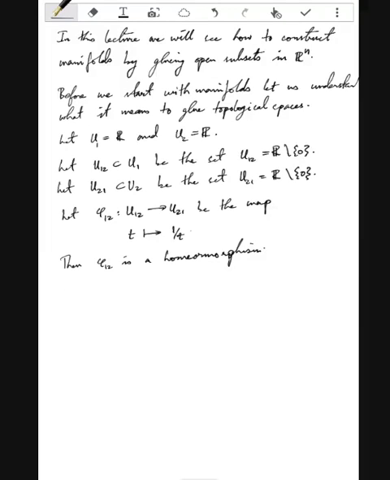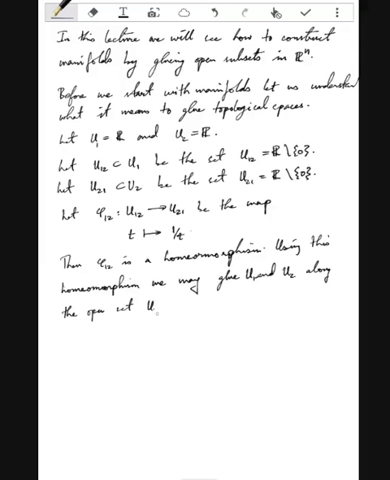So using this homeomorphism, we may glue U1 and U2 along the open sets U12 and U21.